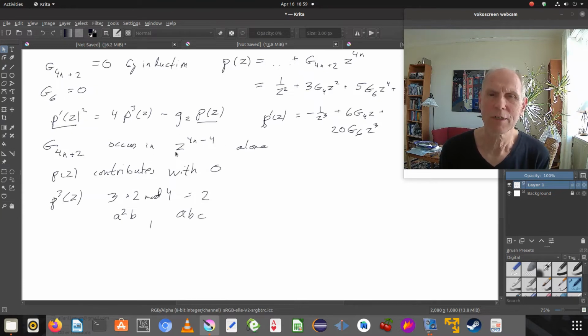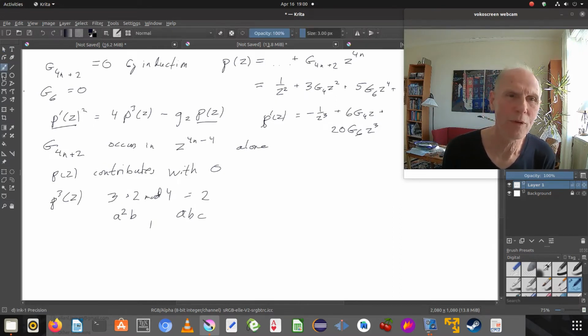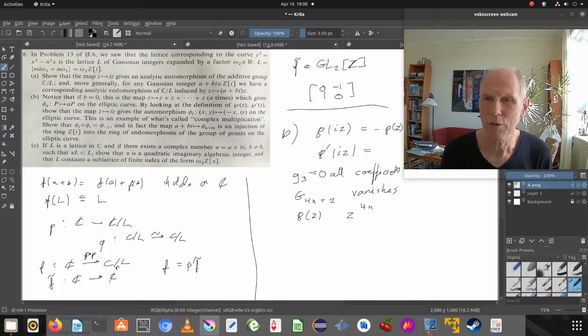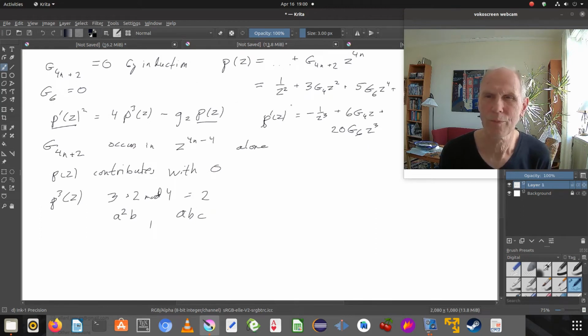The powers 4n minus 4 do not occur. So that was the point here, that only powers 2 modulo 4 occur.